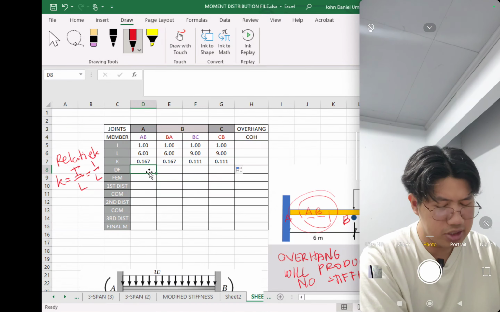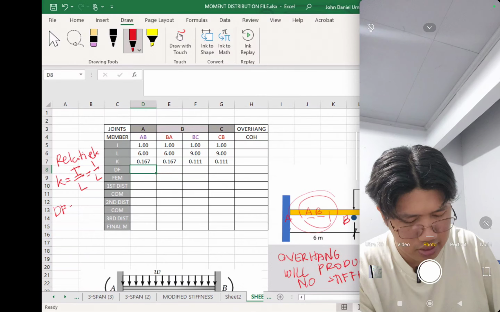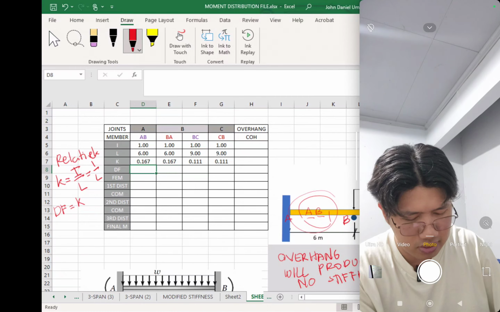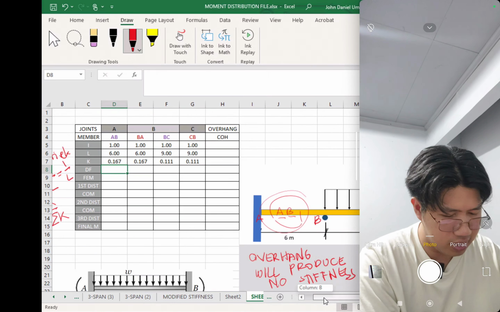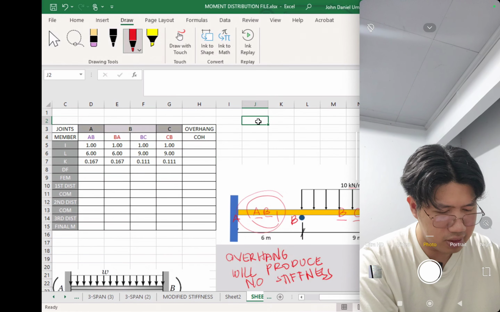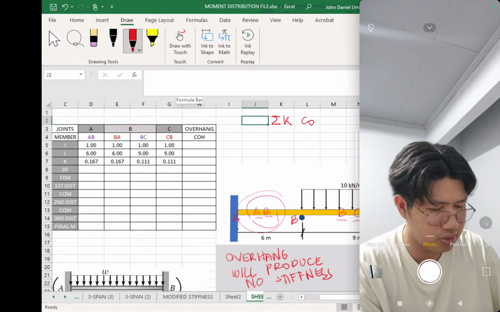And then sa distribution factor, distribution factor is K over summation K. Sige, para pakita natin, lagay ko na lang dito yung summation K computations.